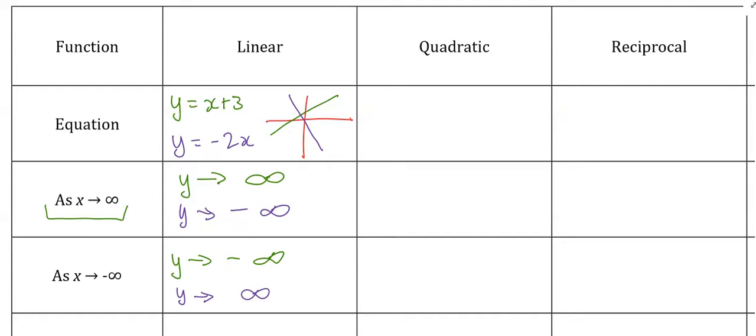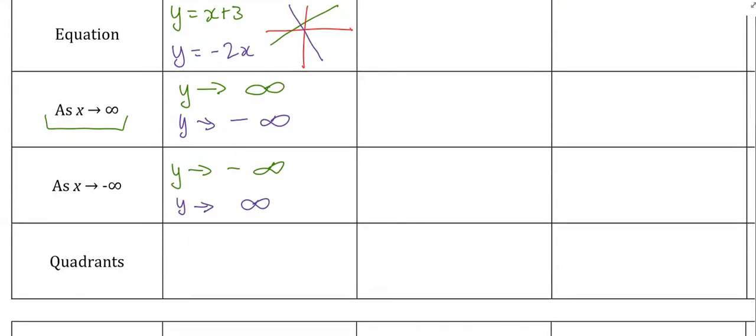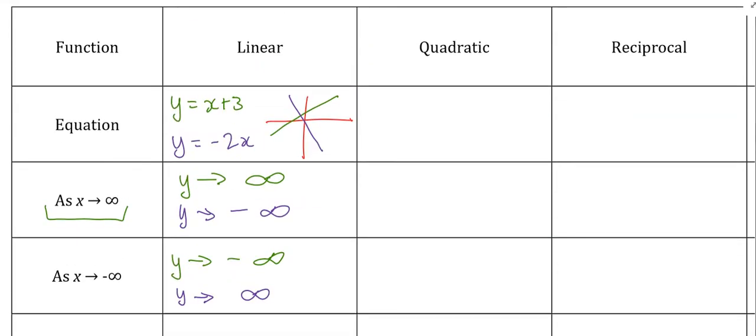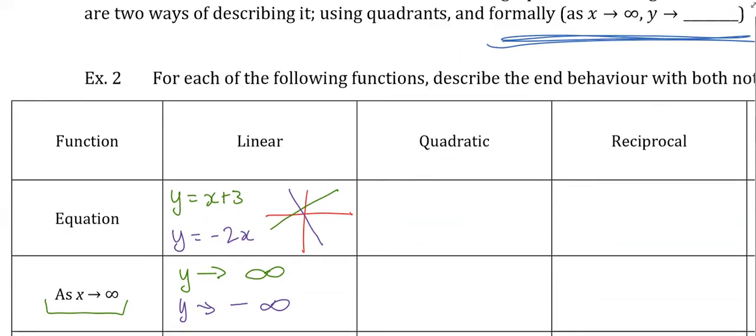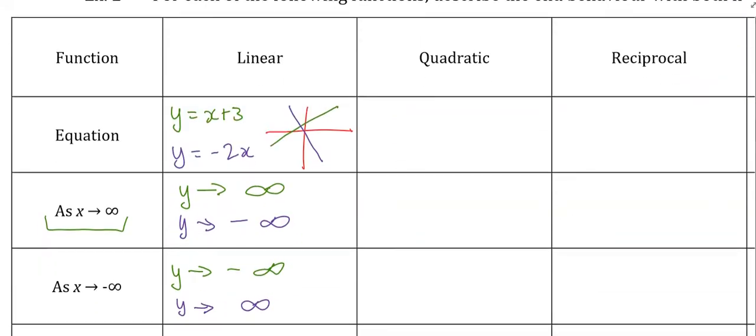So again, for quadrants, it's easier, but it's not the one that we prefer, so we don't use it that much. Looking at the green graph, it starts in quadrant 3 and goes up to quadrant 1. That's exactly what we say: quadrant 3 to quadrant 1.